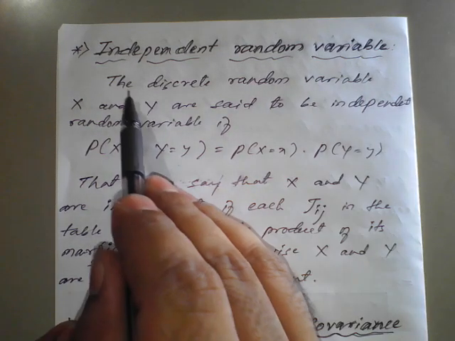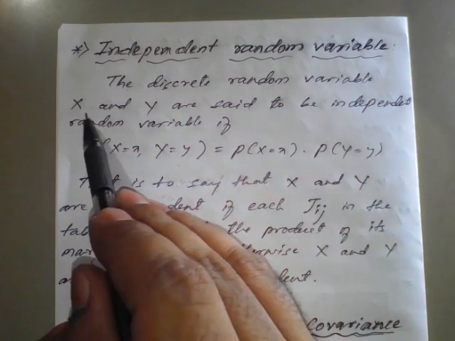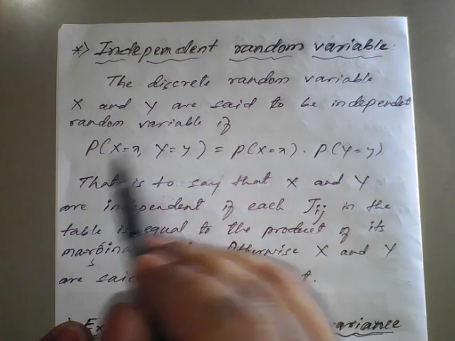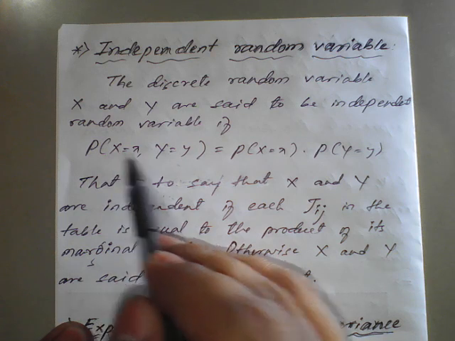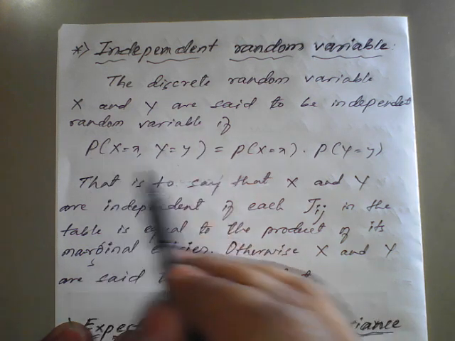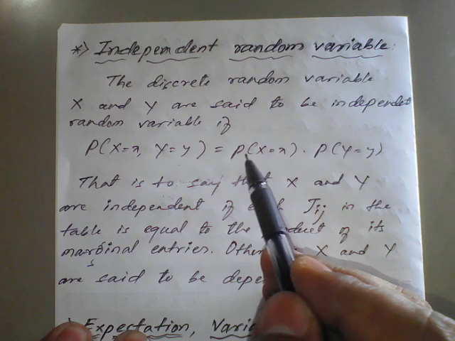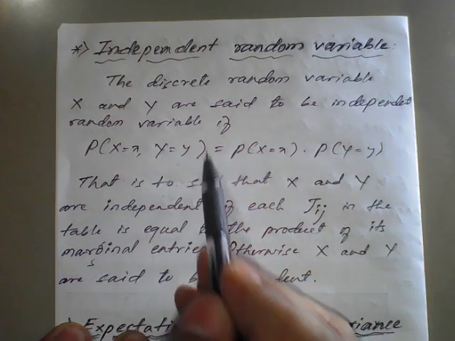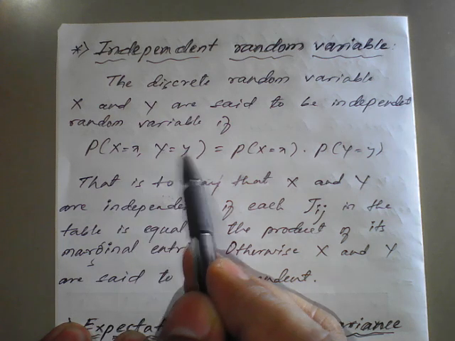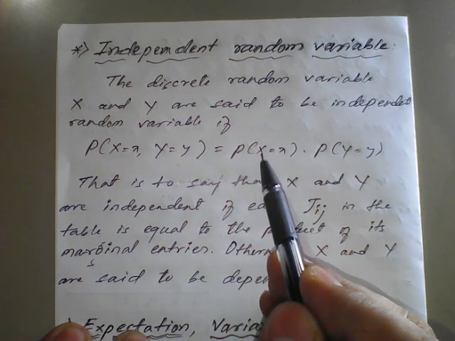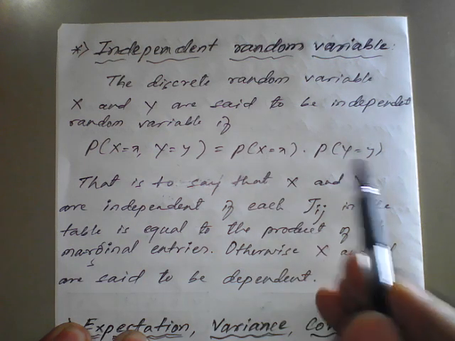random variables. The discrete random variables x and y are said to be independent if the joint probability of x and y is equal to the multiplication of the probability of x and the probability of y.